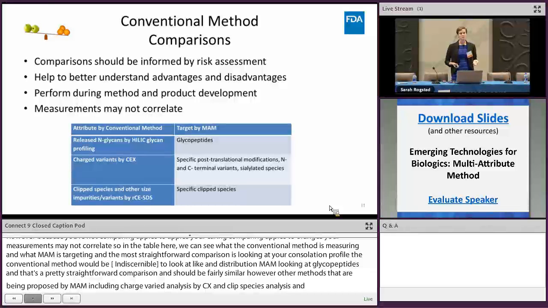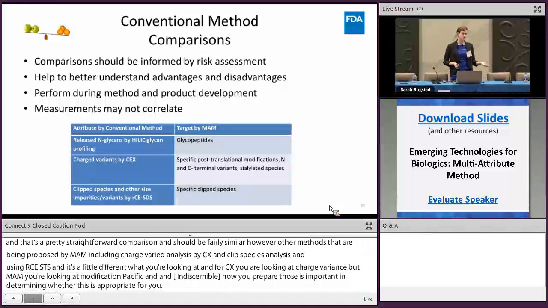So how you can compare those is really important in determining whether this method is appropriate for you. Additionally, with the specific clipped species, theoretically, you might miss things as compared to the RCE SDS. However, hopefully, with the new peak detection feature, you should be able to catch those differences if you're not directly monitoring them anyway.